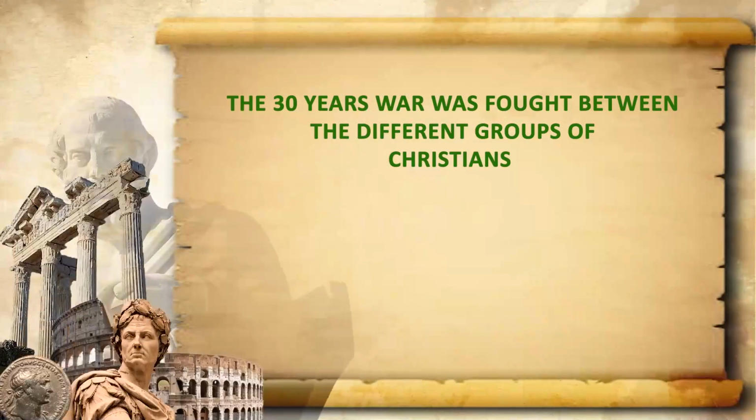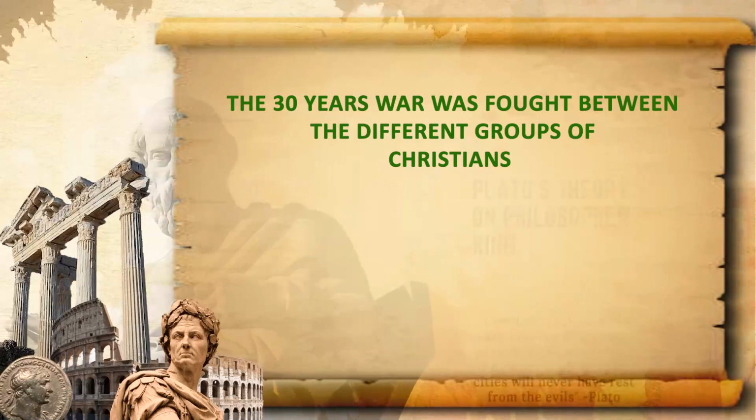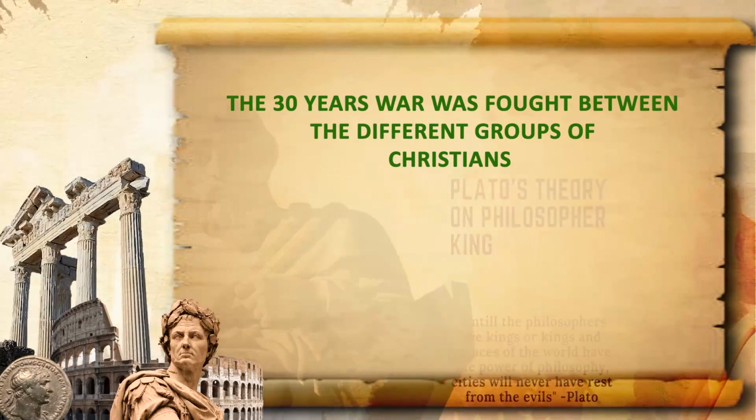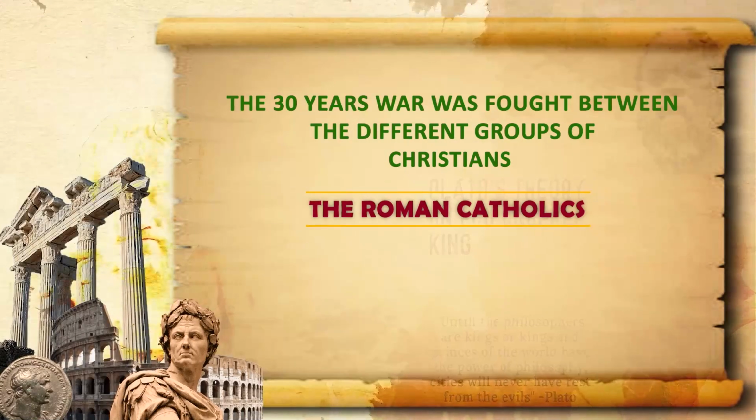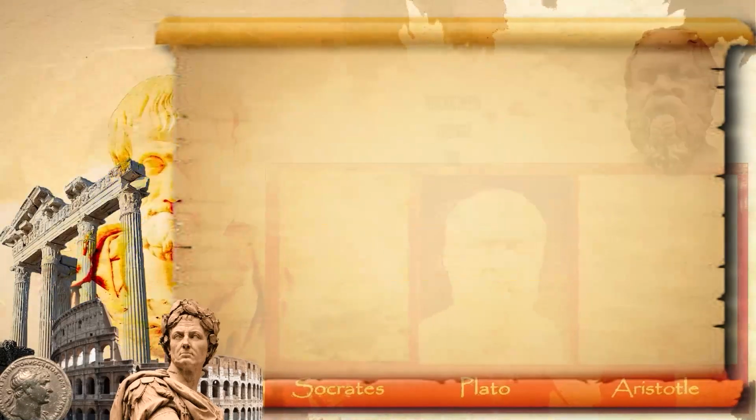So, the Treaty of Westphalia is an important event in the history of the development of the state. The 30 Years War was fought between different groups of Christians, particularly the Roman Catholics and the Protestants.